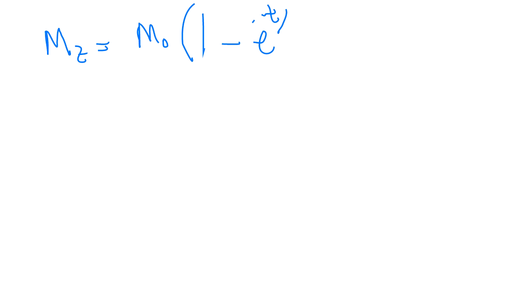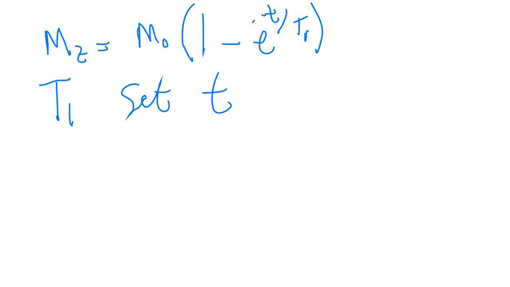Let's take the first one. Mz is equal to M0 times (1 minus e to the power of minus t over T1). Remember, I want to find and define. To find T1, set the time t equal to capital T1.